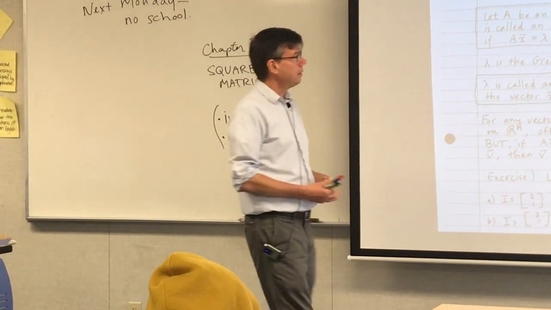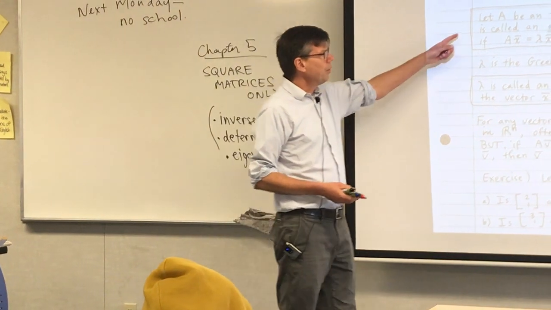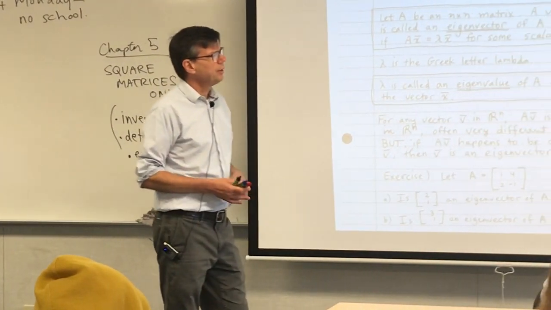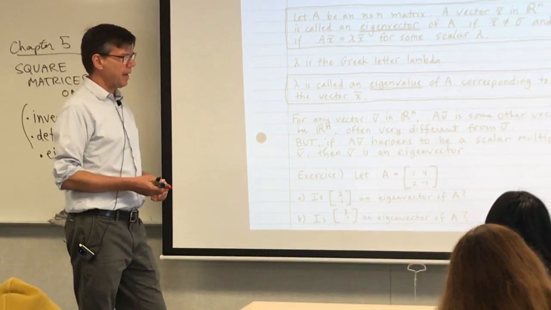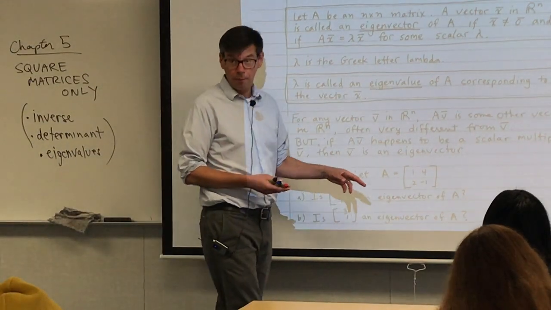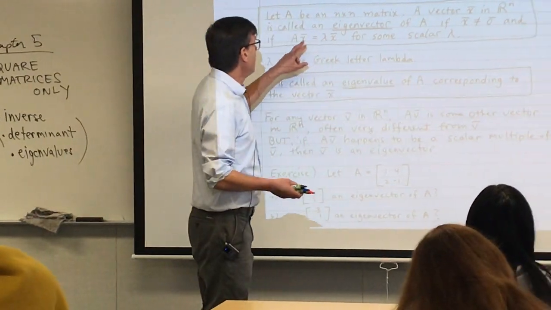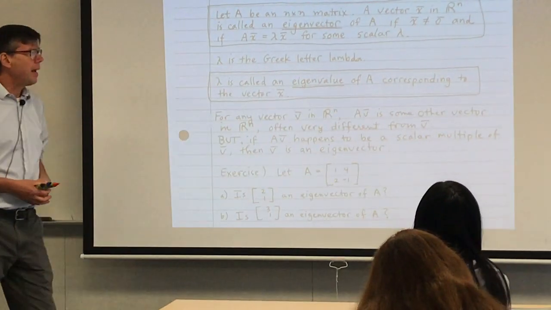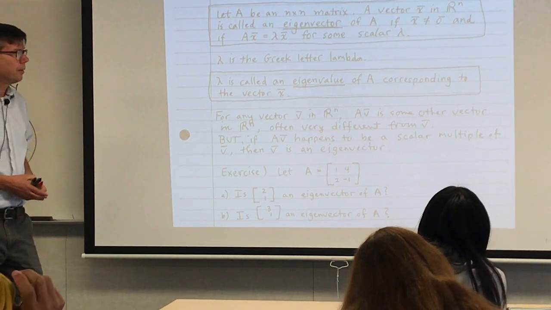All right, so let's start doing some problems here. So let A be a square matrix. A vector x in Rn is called an eigenvector of A if x is different from 0. An eigenvector can never be 0, never, ever, ever. If Ax equals lambda x for some scalar lambda.